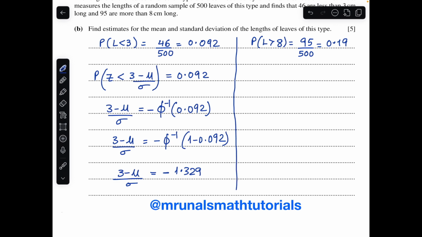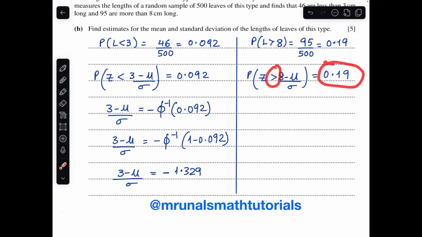Likewise, let us calculate what we have over here. We have the probability of z greater than 8 minus mean over sigma is equal to 0.19. So over here we are having greater than, and the value is less than 0.5.